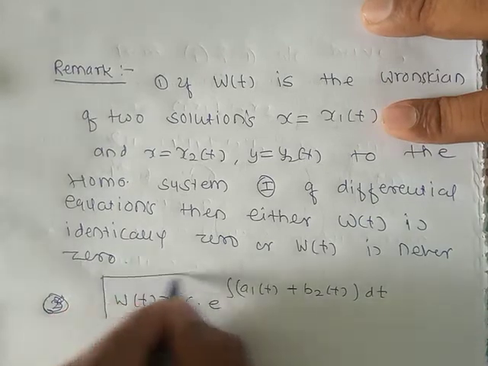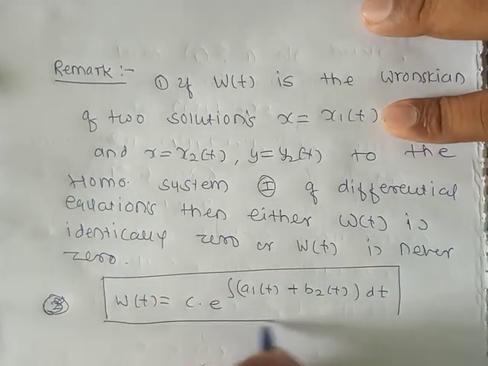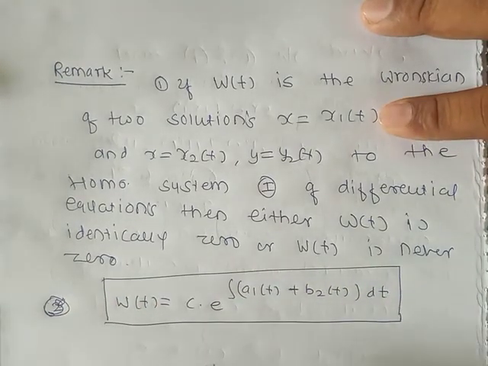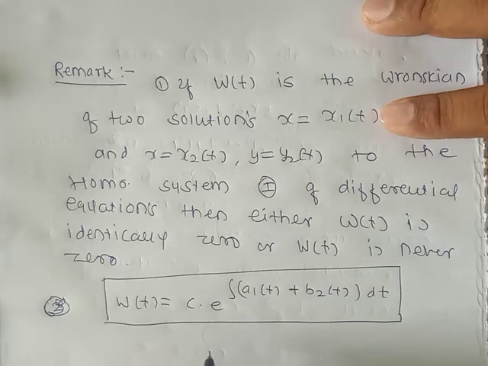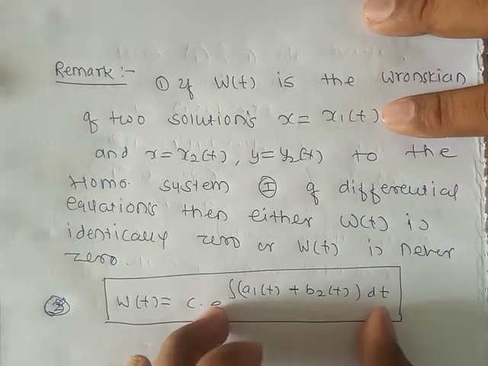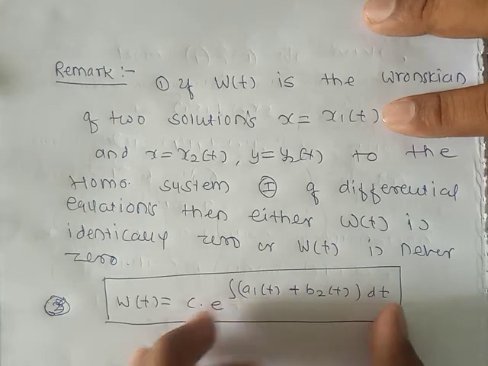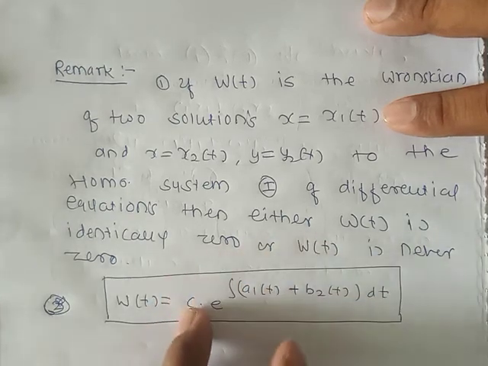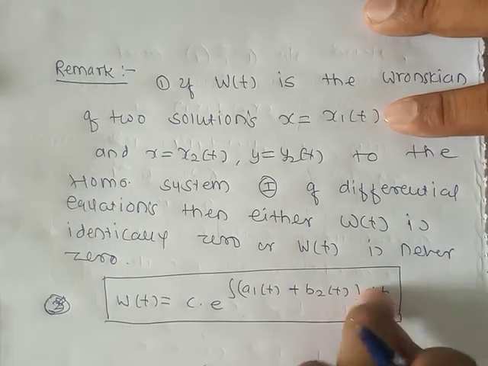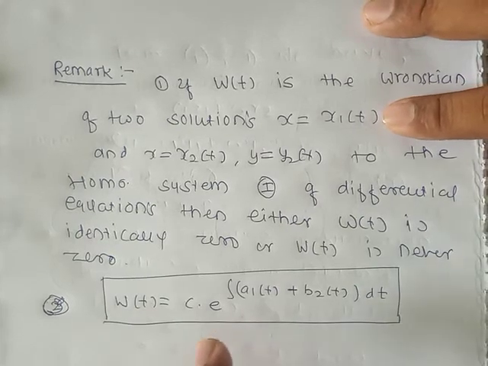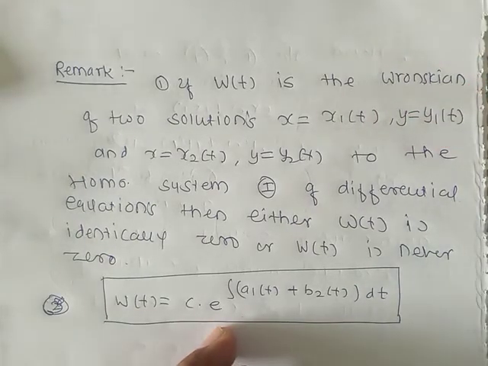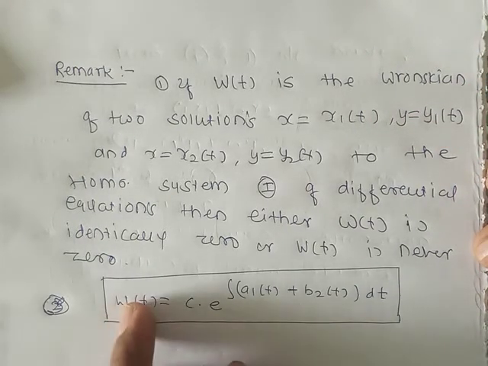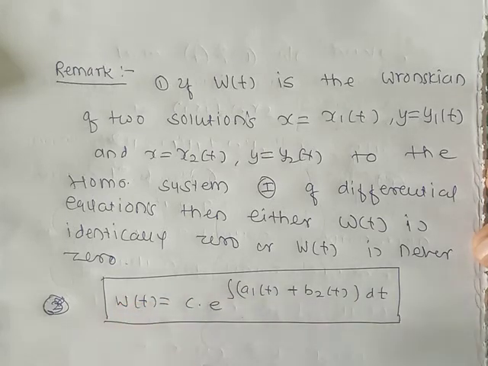This is the value of Wronskian with the help of the given differential equation, and this is 0 if and only if the constant c is 0, because at any value of t it is either identically 0 or it is never 0. So the Wronskian value W of t is equal to 0 if c is equal to 0, and if c is non-zero, then W of t is never 0.